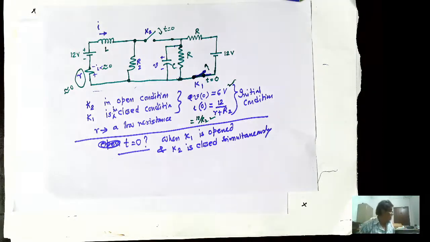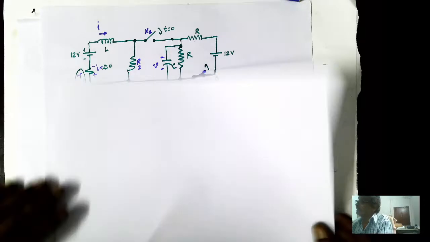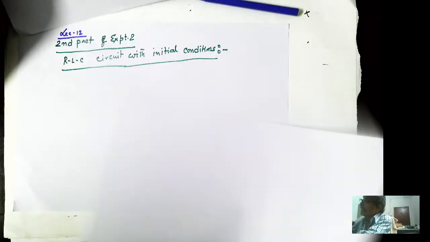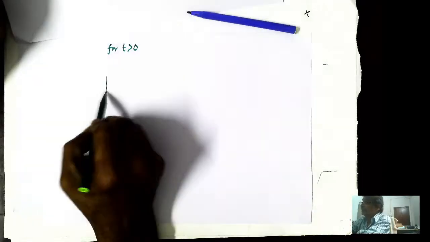So for t greater than 0, the circuit will look like this. This is 12 volt. This resistance is insignificant, the small r.